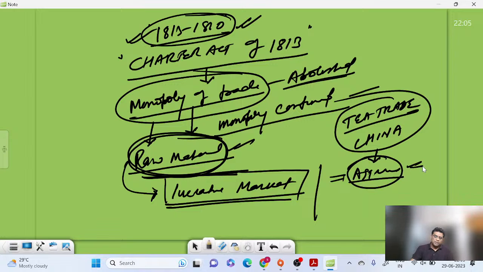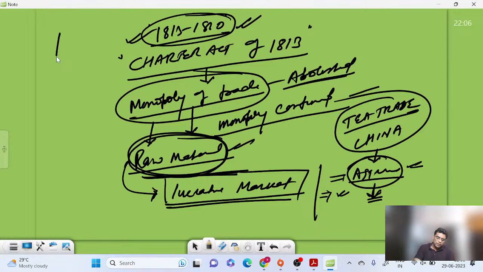Christian missionaries were permitted to operate in India and to exercise humanitarian activities. Then there is one big fundamental that you have to understand: the political policy.